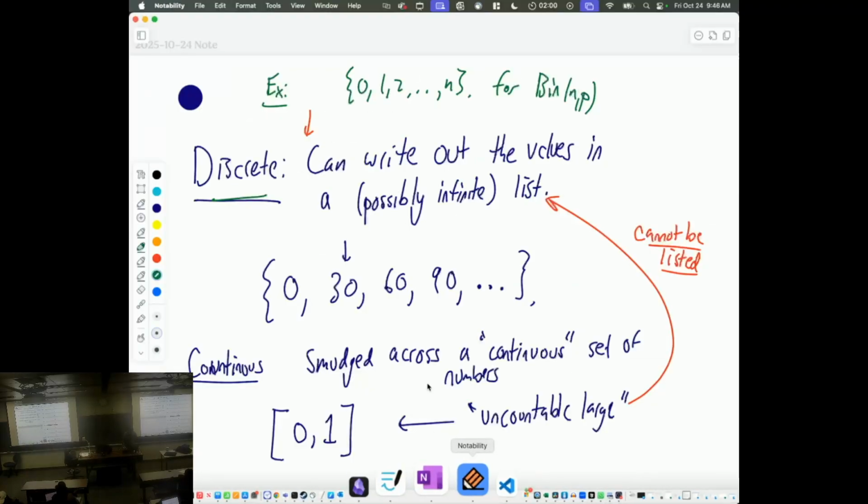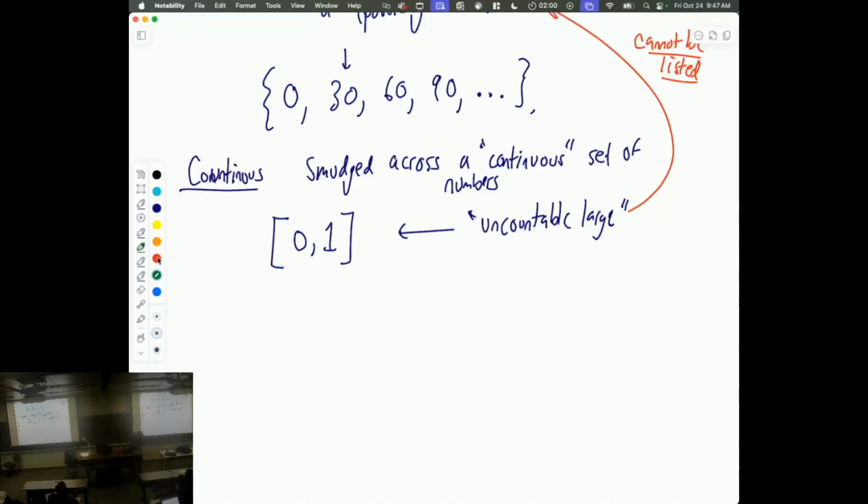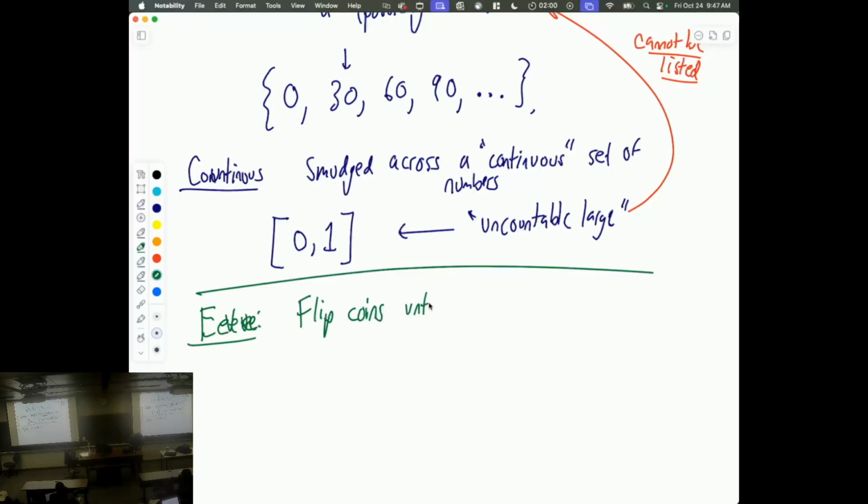Let's write these down. So let's recall in our notes, Eevee, what do they do? I keep spelling their name wrong. Eevee flips coins until tails. 30 damage per heads flipped.